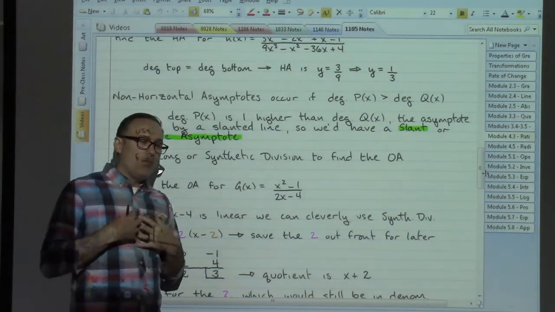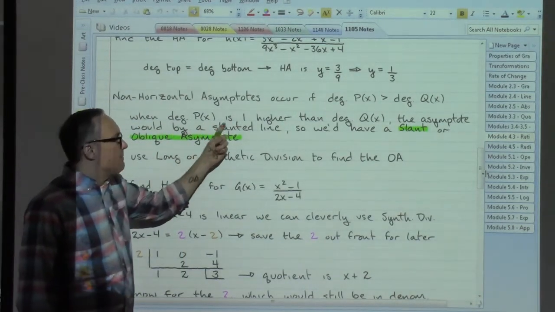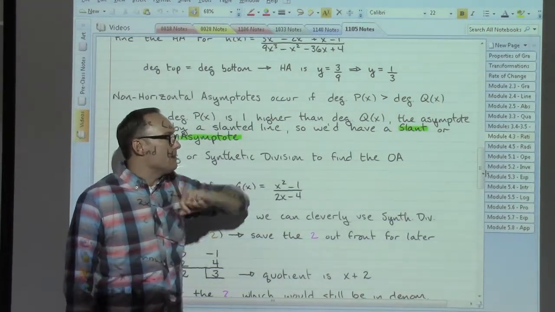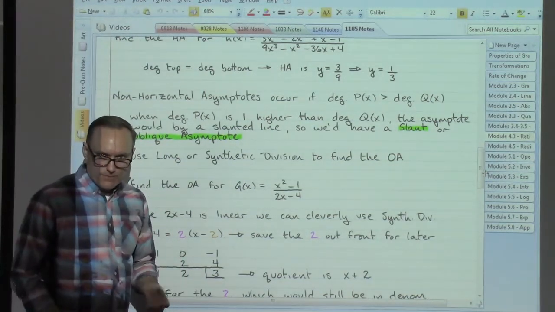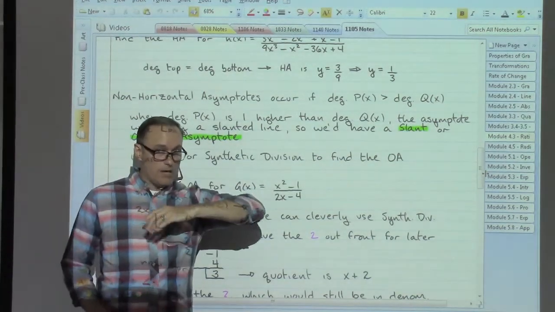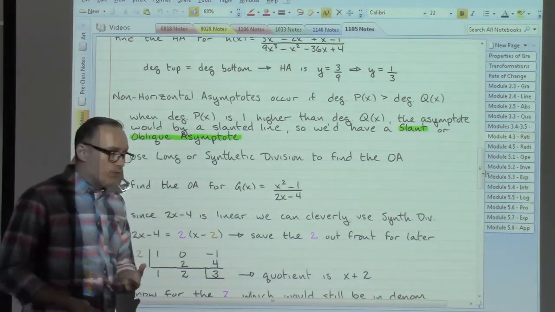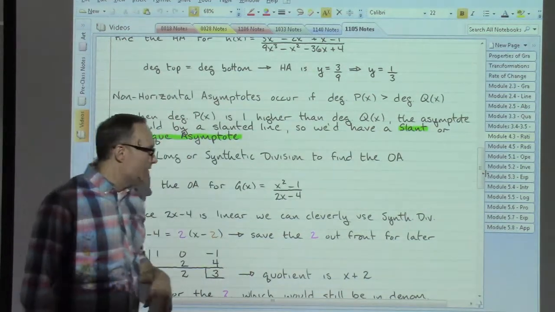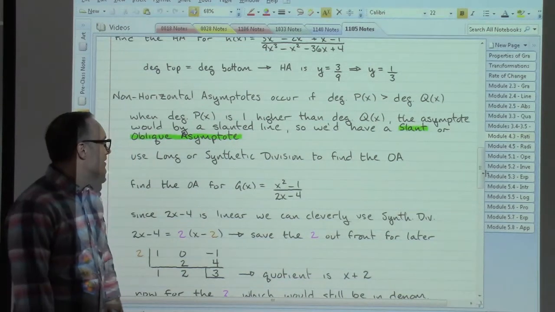But what we end up looking at is, if the degree of the top is only 1 higher than the degree of the bottom, then what we would get is some sort of slanted line. So it's not vertical, it's not horizontal, it's some line with a slant to it. And we could then refer to that as a slant asymptote, or if we wanted to be a little fancier sounding, an oblique asymptote.